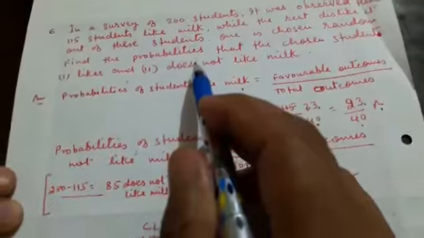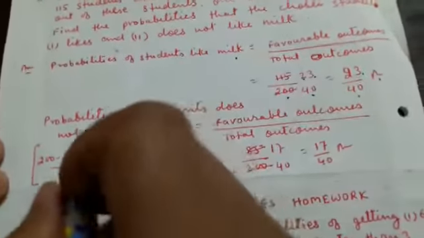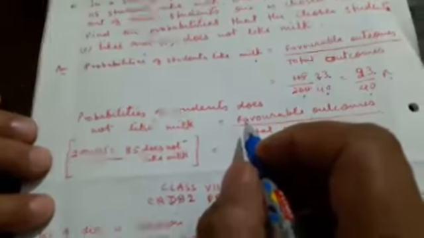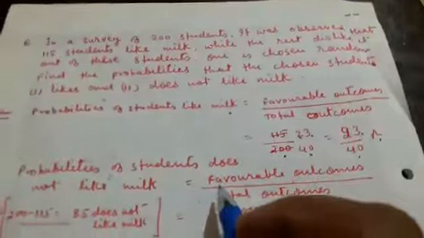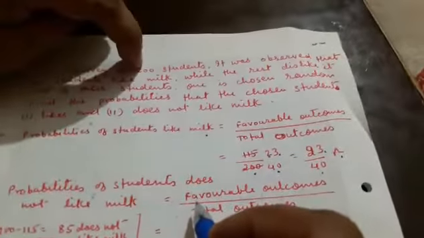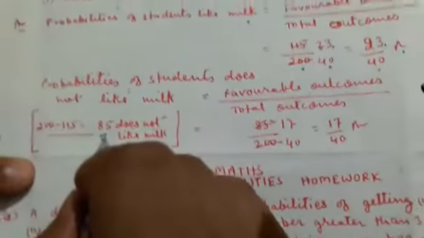And in the second part, does not like, we have to find out the probability of a student who does not like milk. Again, first we have to find the number of students who do not like milk. For that, we have to subtract 115 from 200. So that is equal to 85. 85 students do not like milk.